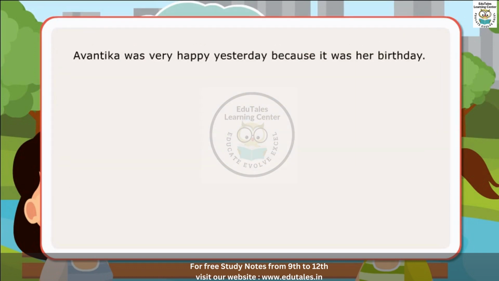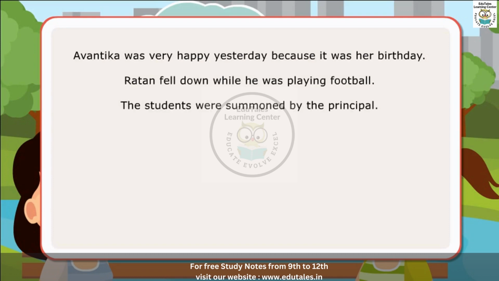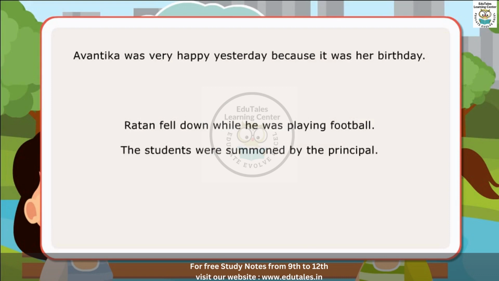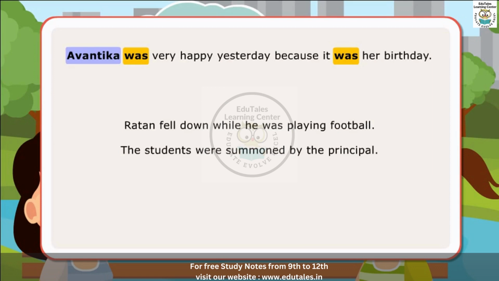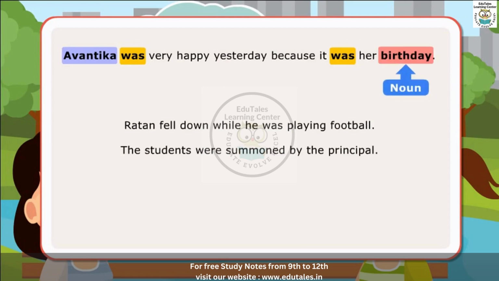Avantika was very happy yesterday because it was her birthday. Ratan fell down while he was playing football. The students were summoned by the principal. In the first sentence, was has been used after singular subject to describe a feeling and also before a noun.